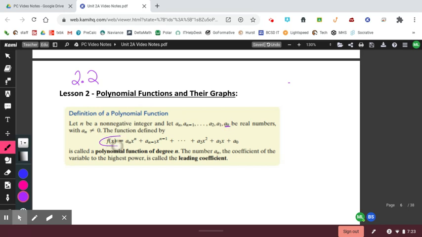We can define a polynomial function in this fashion, that f of x equals a sub n times x to the n. All right, so you have some kind of real number coefficient on a variable raised to an exponent, and then it keeps adding on the next real number coefficient, x to the next lowest consecutive exponent, and so forth, all the way down to a constant at the end.